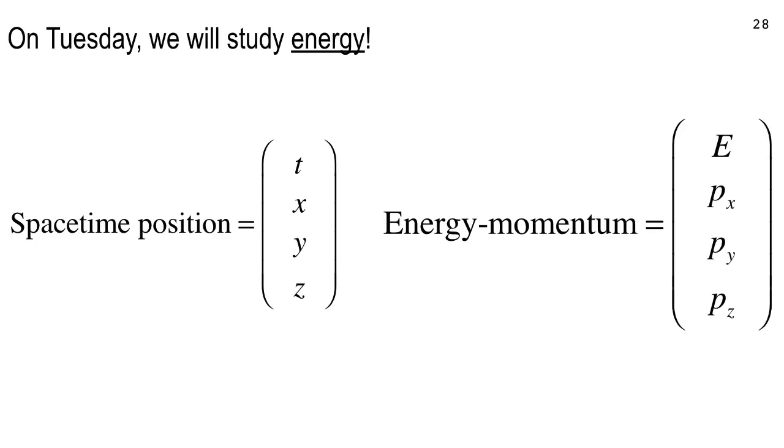But I keep saying that. Albert Einstein said you have to have energy in the equation as well. And that goes in the top slot. And so this is, instead of having a vector with x, y, and z in parentheses, this one's stacked as a column. But it's the same thing.